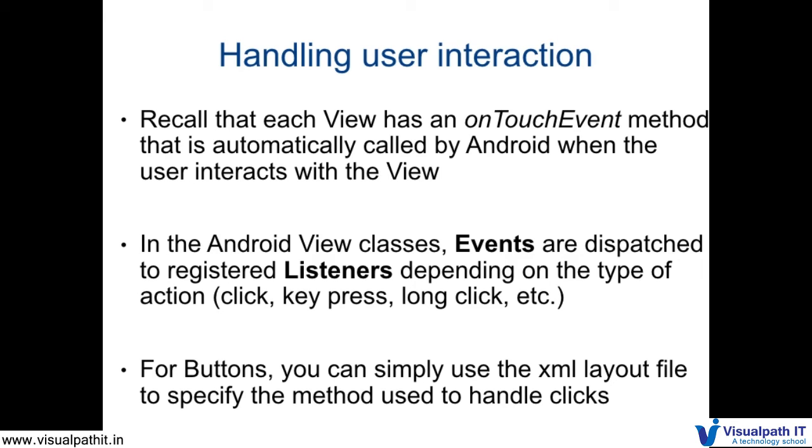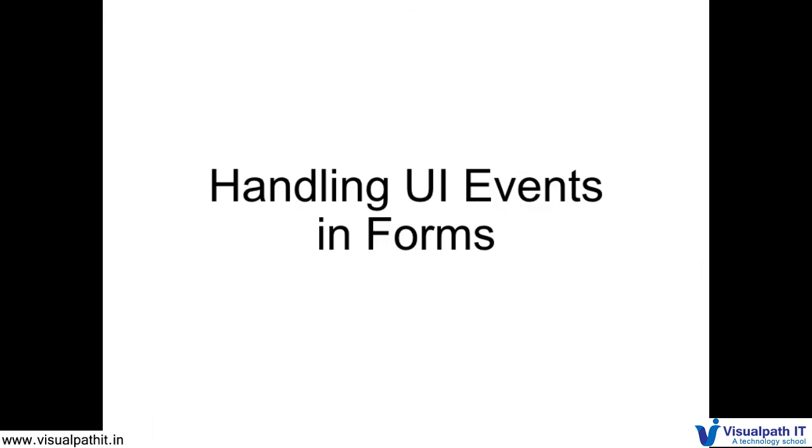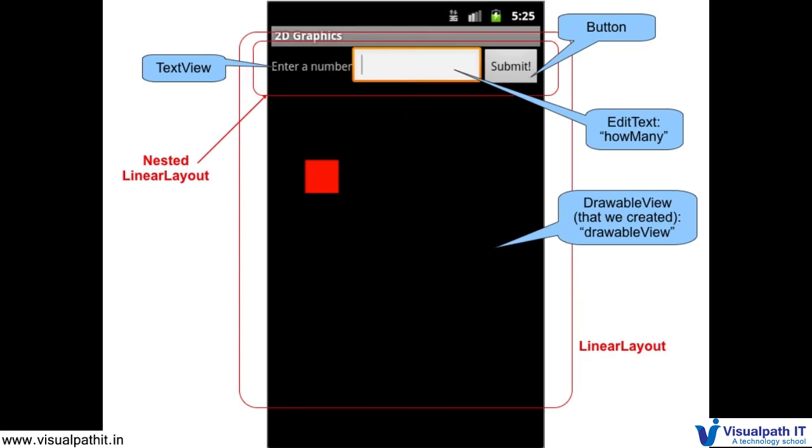That's what we will be doing in the class files. We have created a button here, right? If you just see here, we have created a submit button. So we need to actually define, on click of this button, what should happen. That can be defined in the class file, right?